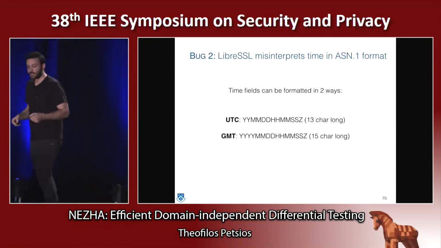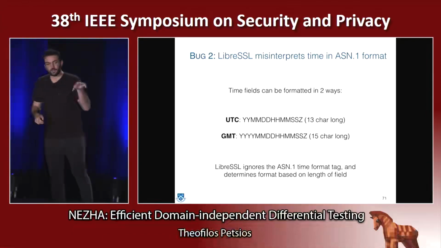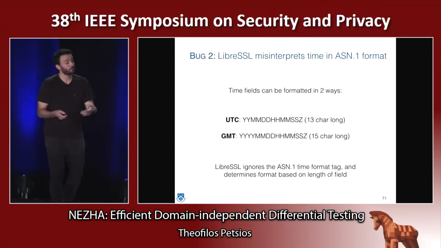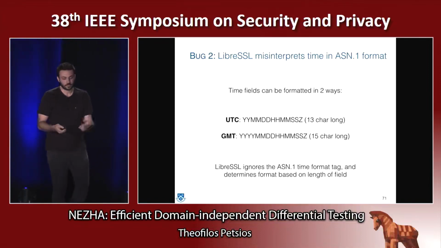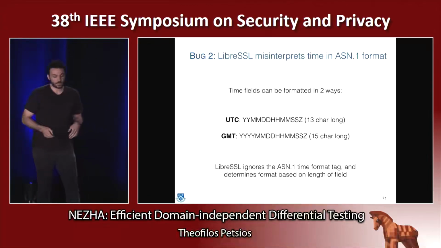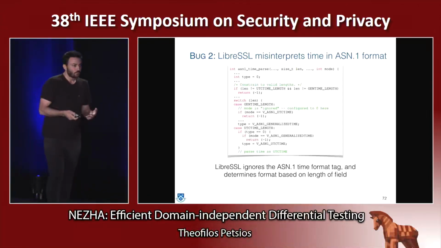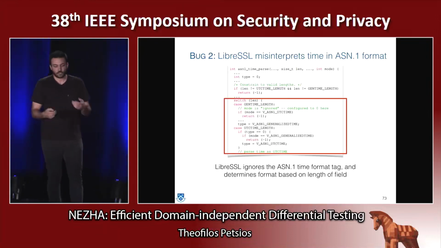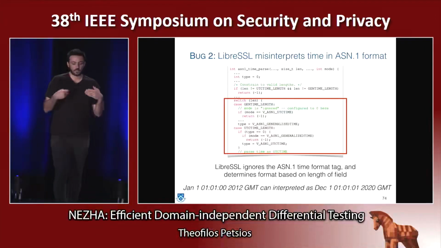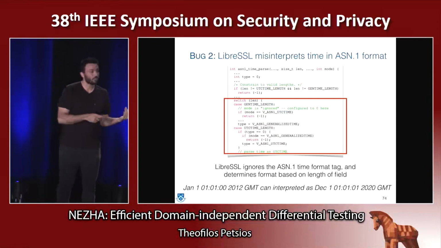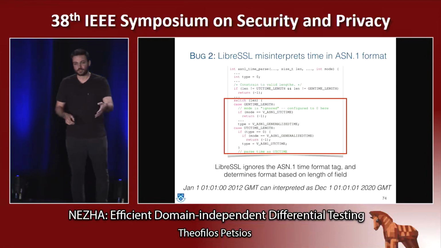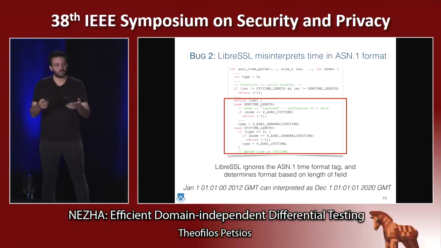What happens in LibreSSL is it ignored the actual time format tag, and it only looked at the length to determine what the date is. So if you provide the proper tag and a different length, you could make LibreSSL treat a certificate that was generated in the past as if it were generated in the future. So it would reject the certificate as being invalid because it would see a date in the future for the issue date.